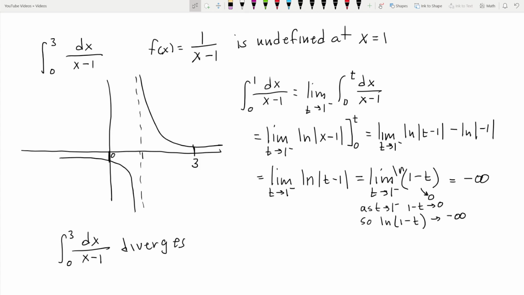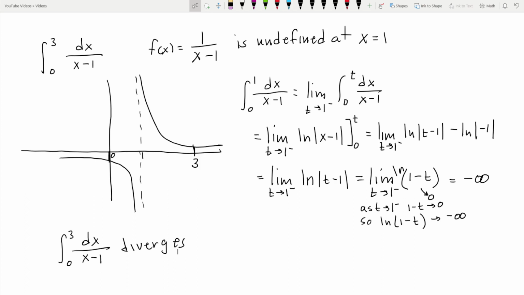If we take the antiderivative without the bounds, we get ln of the absolute value of x minus 1. If you just throw in the bounds without thinking about the discontinuity, you would get ln of 2 minus ln of 1, which is ln of 2, which is finite. So you have to be careful.